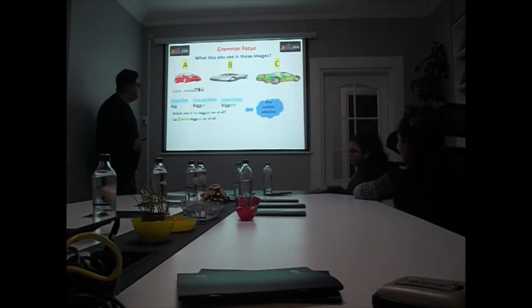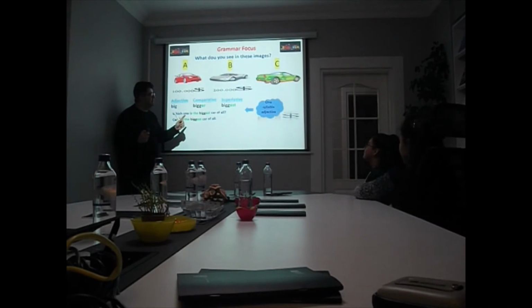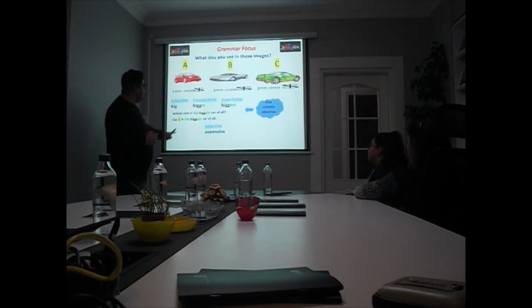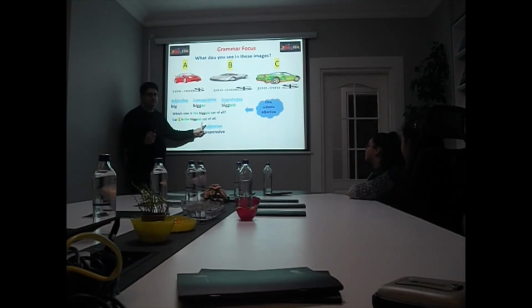Perfect. Okay, there is another measure coming. Can you see it? What measure is it this time? Price. Now this time we're going to use the adjective expensive. How many syllables? 3. 2 or more syllables. What do we do in 2 or more syllables in comparative?